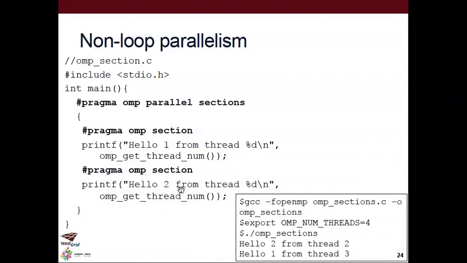There's one example in your folder, called OMP_section.c. You will see there's a C code, and the same as a Fortran code. We have parallel sections, and it has only 2 section directives, one calling hello1 from one thread and hello2 from another thread. So we will see which thread is running which part of the code.